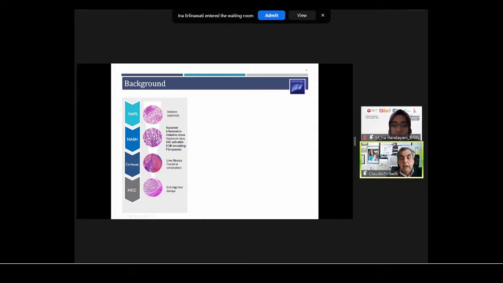But once inflammation occurs, most probably due to oxidative stress, we have an activation of the extracellular matrix of the liver, which is able to create scars and then move from NASH to cirrhosis, which is labeled by the presence of scars in the liver, making the liver hard and less active. And these scars, together with the regeneration of the liver, end up in hepatocellular carcinoma, which, as I told you, is the end stage of this trip.